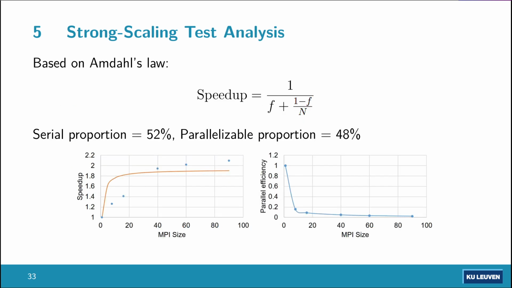As can be seen here, the parallel efficiency is very low, but we do the same principle as we did in weak scaling by using Amdahl's law, which is a common way of analyzing strong scaling test results. And then by fitting that equation on the obtained results, we will have a serial proportion of 52% and parallelizable proportion of 48%, indeed half, so half of the code can be parallelized from the strong scaling perspective.